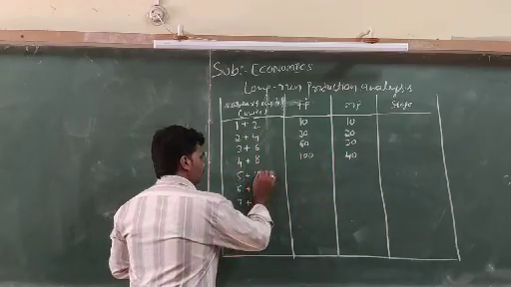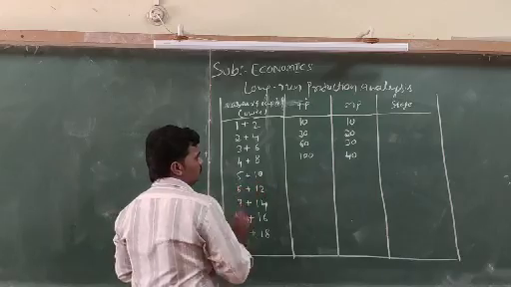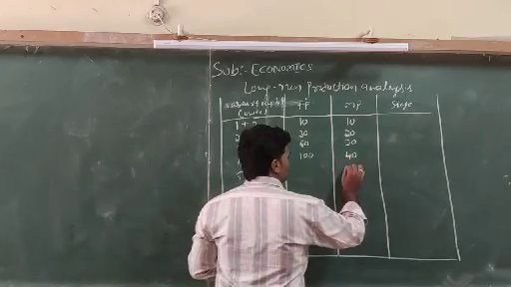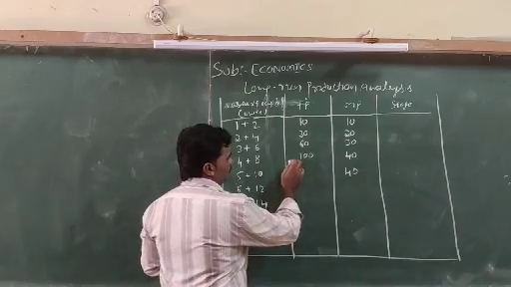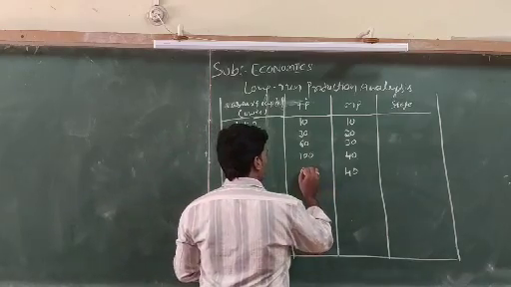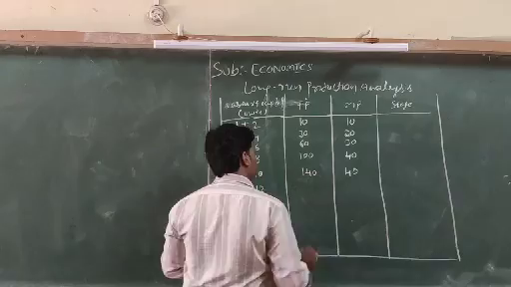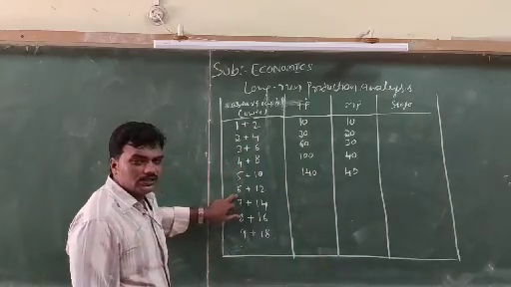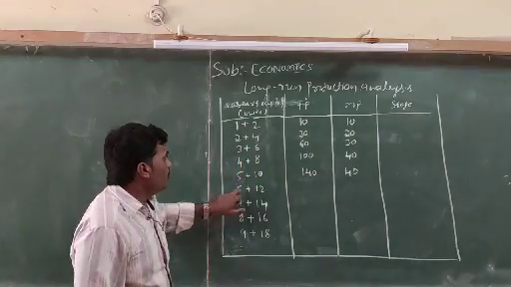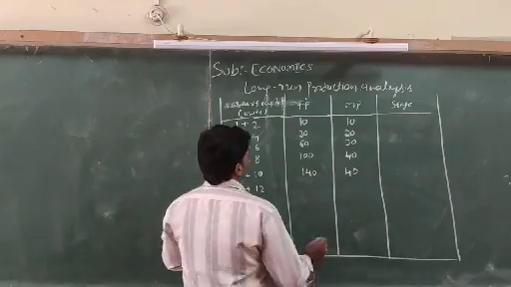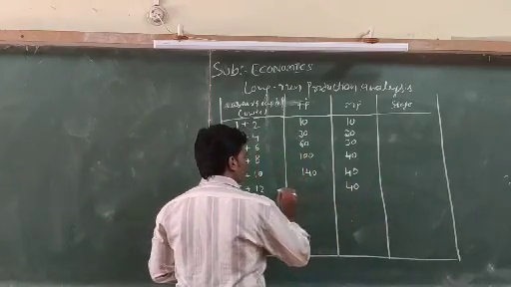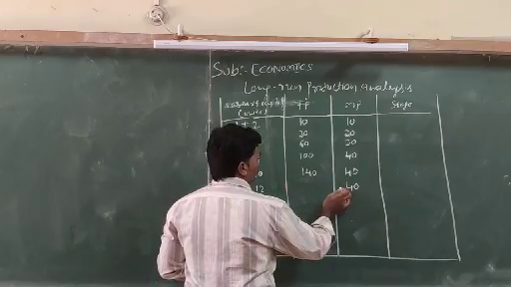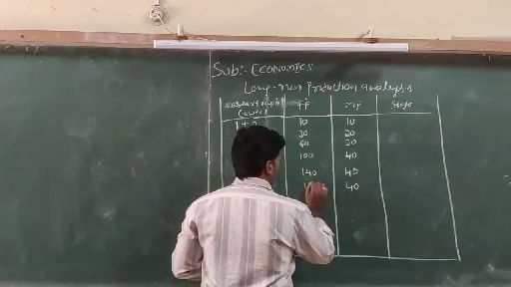With 5 units of labor and 10 units of capital, the marginal product is constant at 40. Then the total product is 100 plus 40, it is 140. With 6 units of labor and 12 units of capital, the marginal product stays at the same rate, 40. 140 plus 40, the total product is 180.